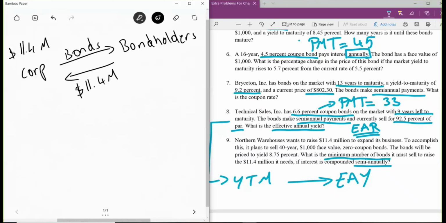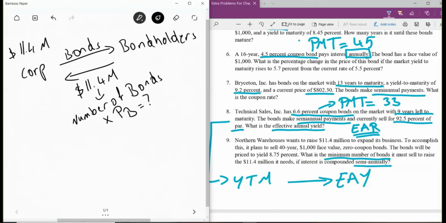The 11.4 million is the number of issued bonds times the price per bond. So what I need to do is to find the price of the bond first.